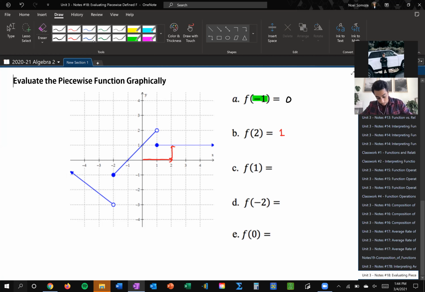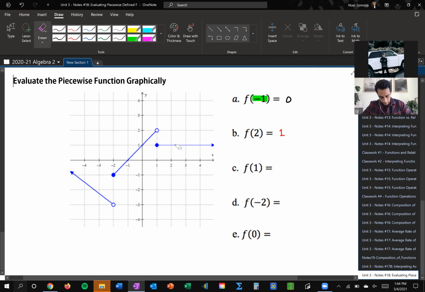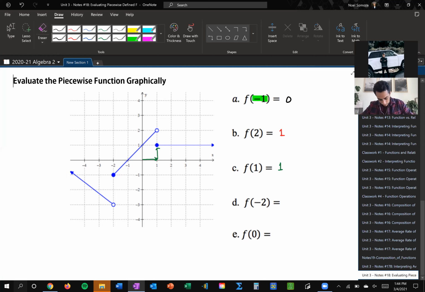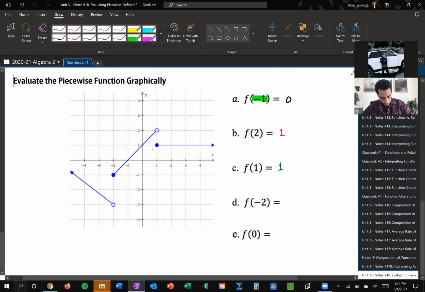Okay, what about when x is 1? Yeah, 1 again, right? You travel to 1 on the x-axis, you move up. Hey, it's defined at 1, right? So you can stop. You don't have to keep going. You don't have to say it's undefined because it is defined at 1. All right. What about f of -2? What is the output when x is -2? Yeah, that's -1, right? So kind of the opposite.